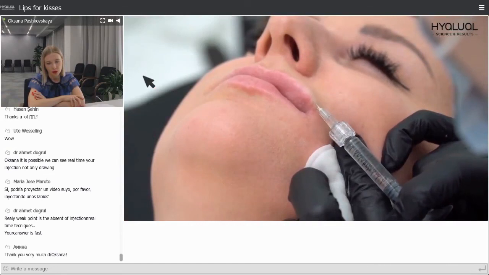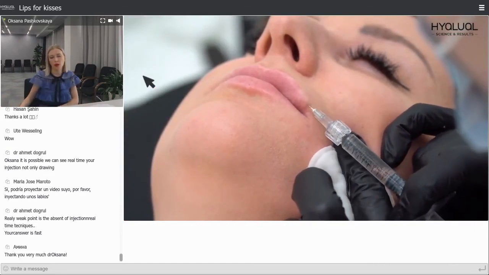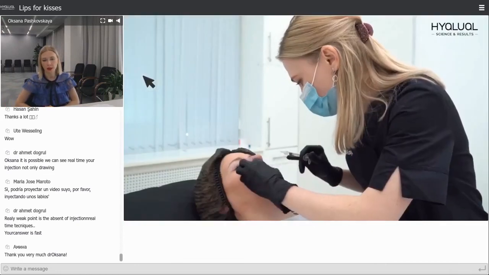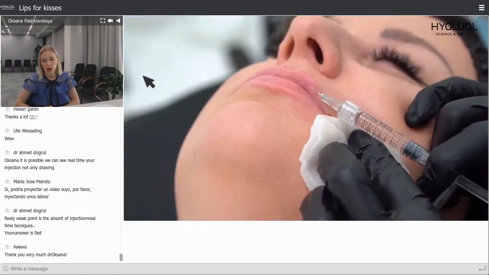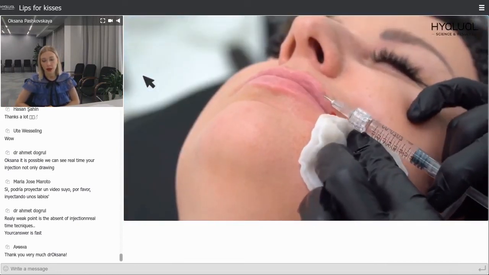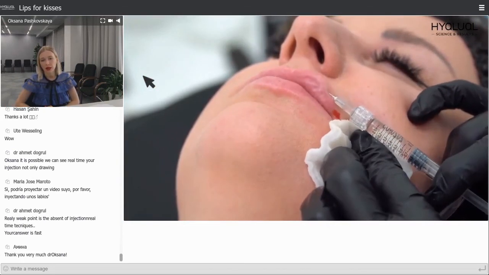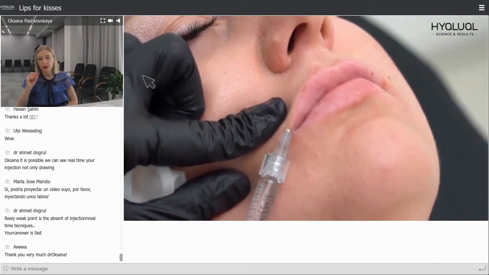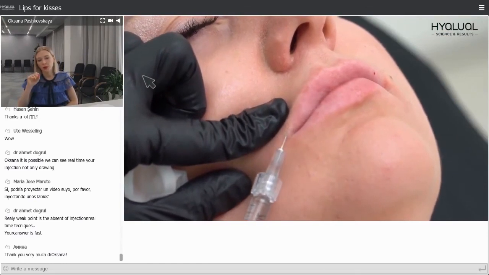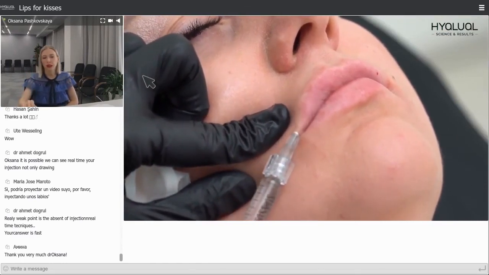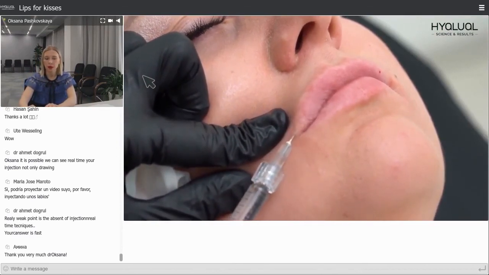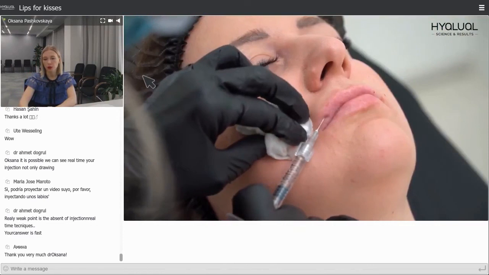And you see she has a really seagull wing form of lip. I use the fan technique. I try to be superficial, and I determine the part of the lower lip on which I should work to make it thicker, so to make it full.